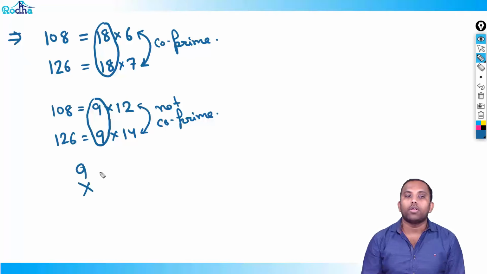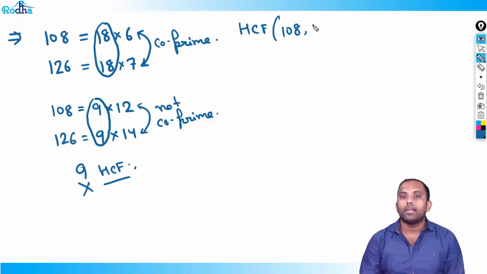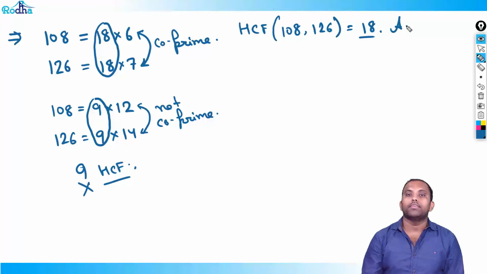What is the HCF? 18. So the HCF of 108 and 126 is 18. This is based on the co-prime concept. So very important.